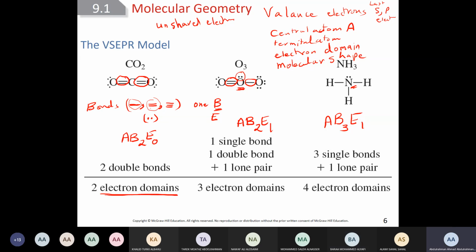Yes. We don't count the lone pairs in the terminal atoms. No, we can't. I'm concentrating now on the central atom only. So I want the electron domain for the central atom. But if I want, let's say I want the electron domain of this oxygen. What is it going to be?